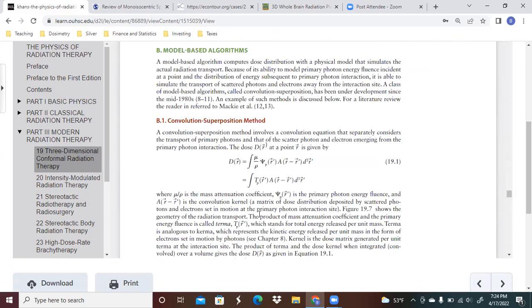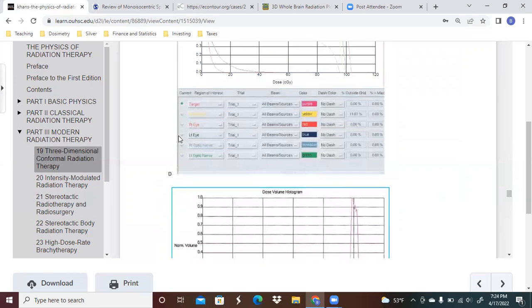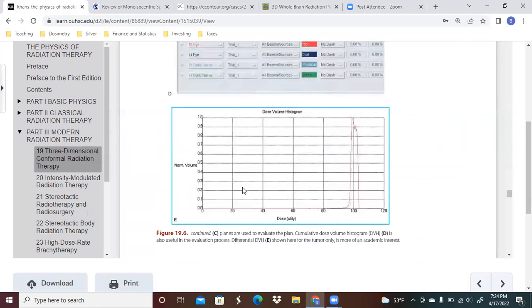The other thing that I would suggest you learn a little bit about is the dose volume histogram. Generally the normalization volume here is going to be in percentages: 100%, 90%, 80%, 70%. Your volumes are going to be listed here, and you're going to see a graph of them as they go across.